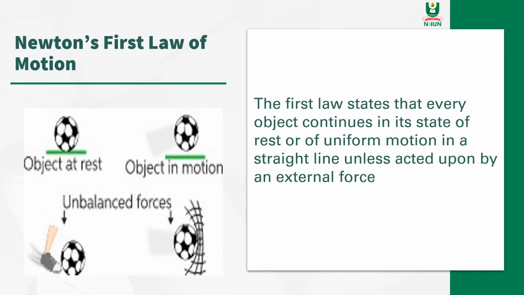Your body particles have adapted themselves to that forward motion. So if there is a sudden application of the brake, your body will first move forward because you've adapted yourself to that forward motion, before you come back.